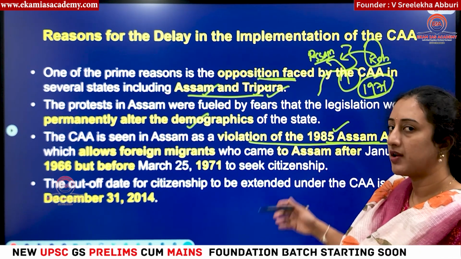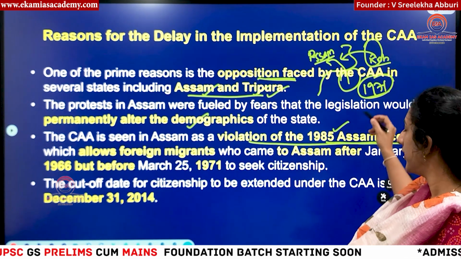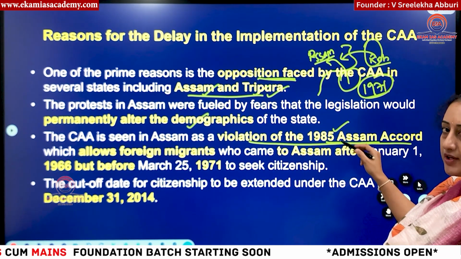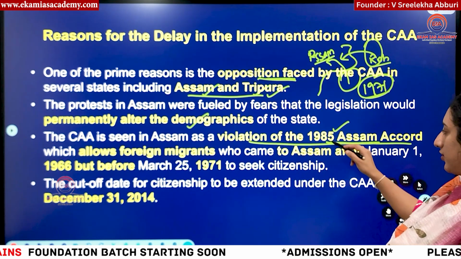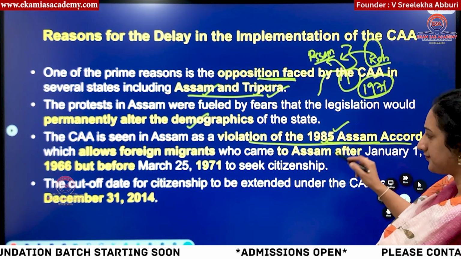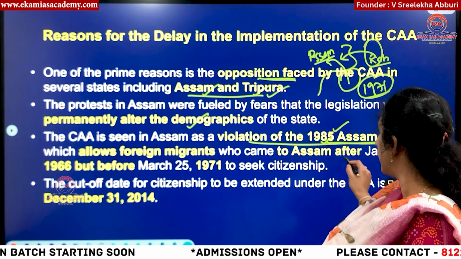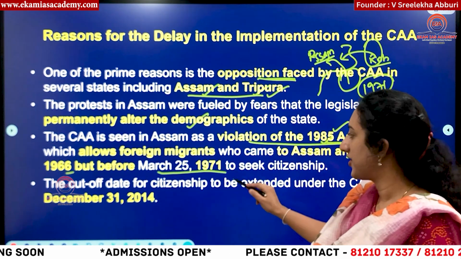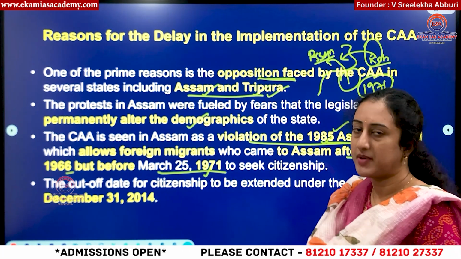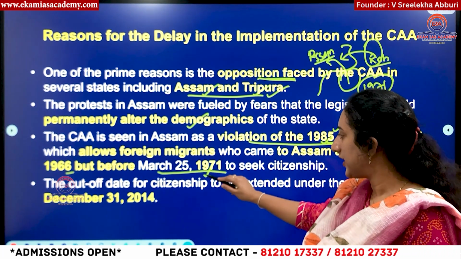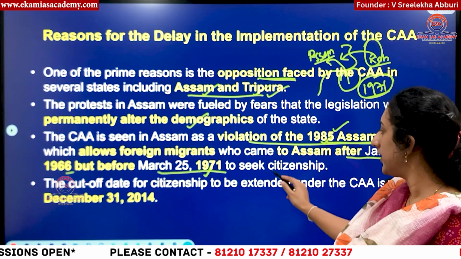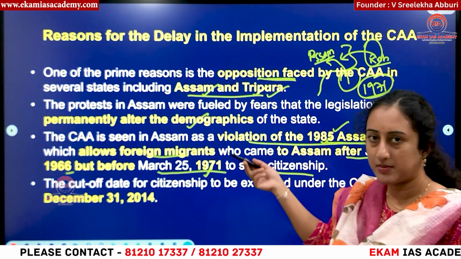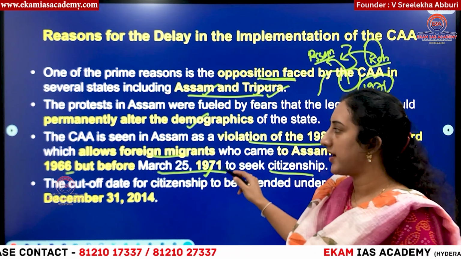So at that time, during the Rajiv Gandhi government's tenure, an accord was signed between the government of India and the Assam movement representatives. They said that whichever migrants came after 1966 but before 25th March 1971, because this is the date of Bangladesh's liberation, within this 5-year period, they can be given citizenship. Even if they are foreigners coming from Bangladesh and other countries, they can be granted citizenship.